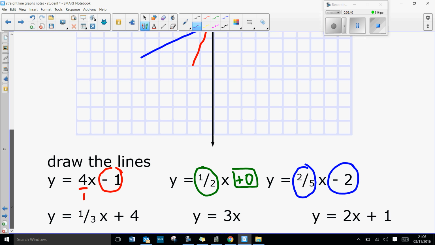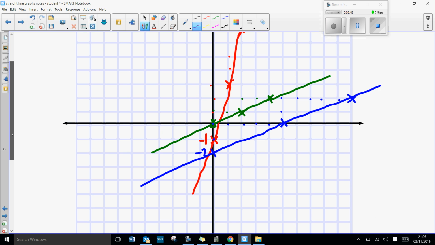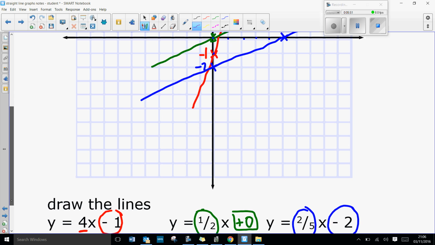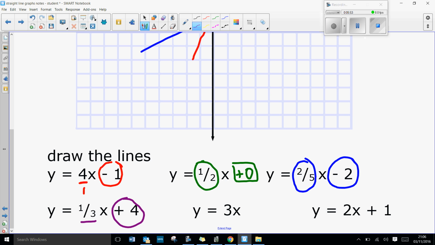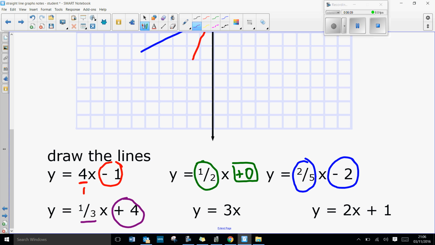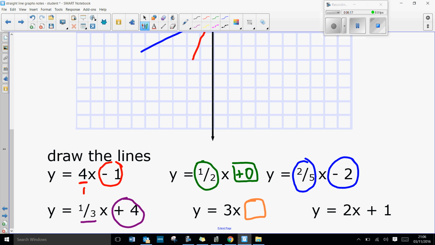So this one is y equals 1/3 x plus 4. So we're starting at plus 4. 1, 2, 3, 4. And our gradient is 1/3, so it's rise 1, run 3. Rise 1, run 3. Rise 1, run 3. Y equals 3x. Again, for our y-intercept, there is no number, so we're going to start again at 0.